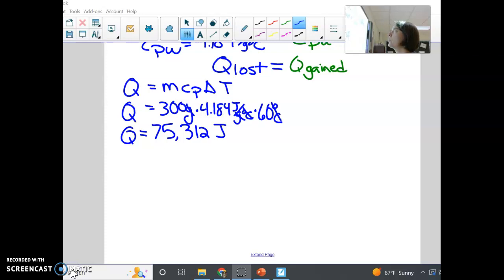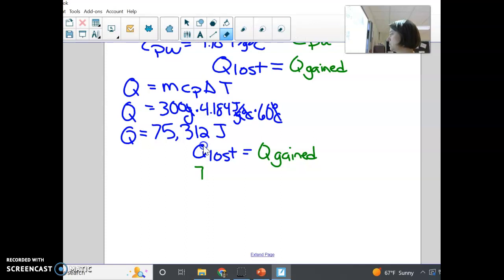So we know that whatever the water lost, the air is going to gain. So just to repeat that, Q lost equals energy gained by the air. And we know that our Q lost is 75,312. Let's write the equation down.